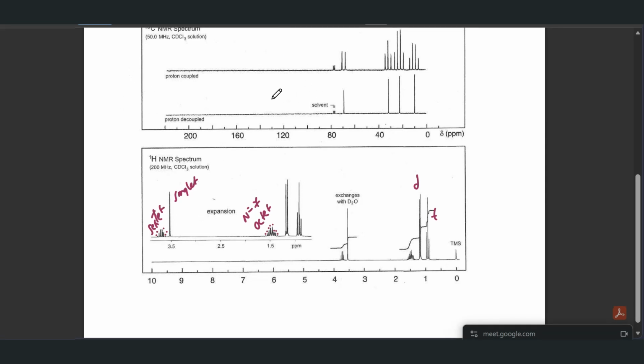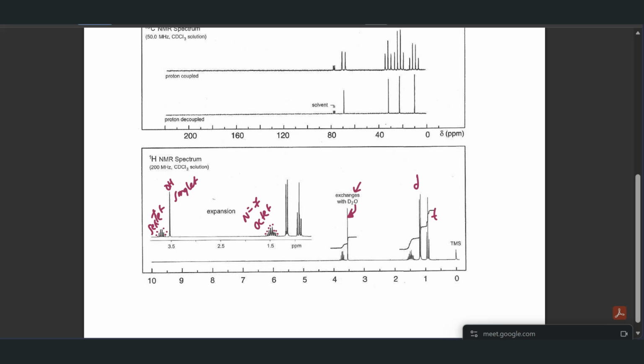And then I think that it exchanges with D2O. So this information tells us that's an alcohol because it exchanges, it hides. So what I said about that being an alcohol is wrong. No, that's correct, because the information is telling us that whatever hydrogen is here hydrogen bonds with the deuterated water. So it has to be OH.